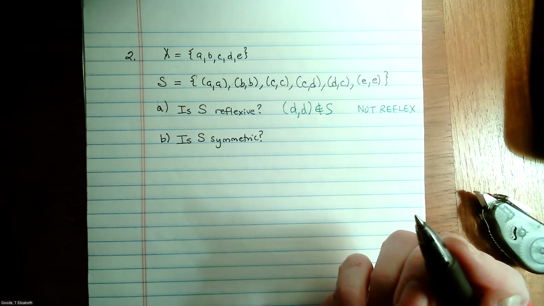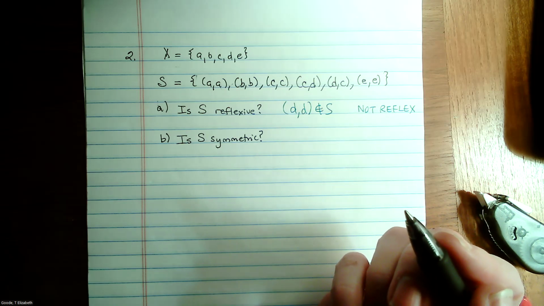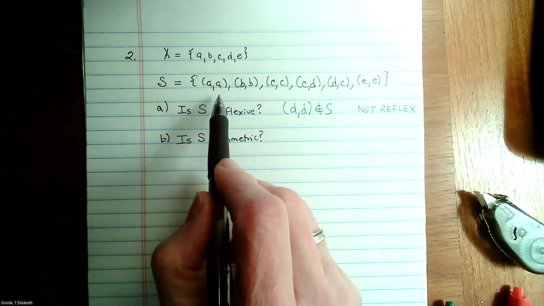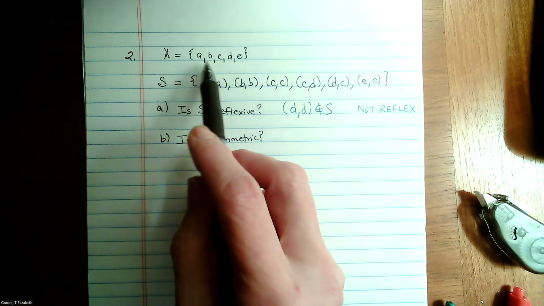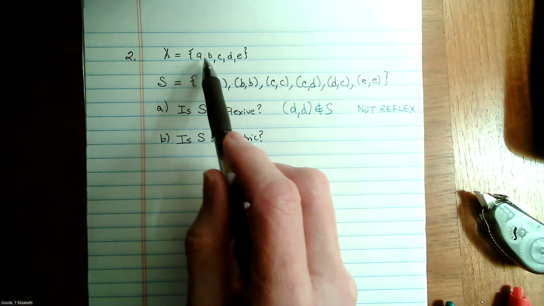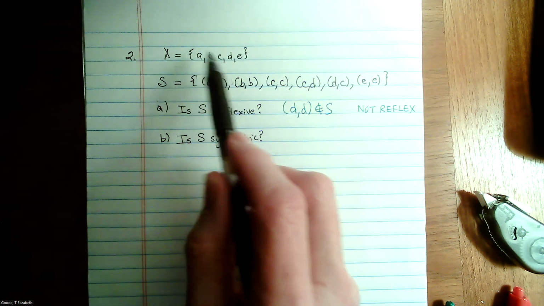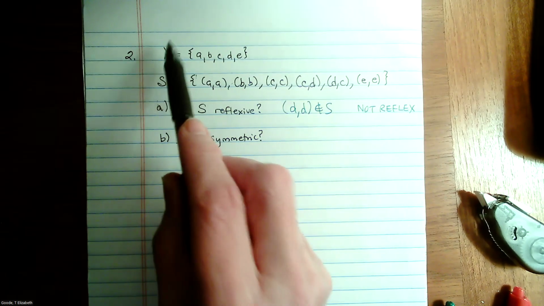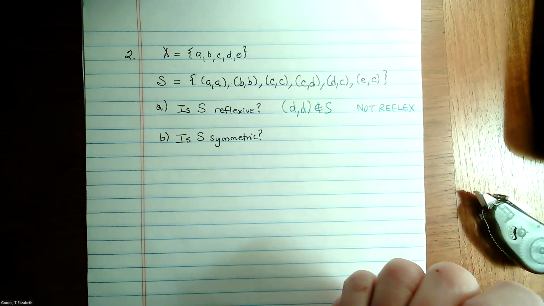We only have like ED and DC, we don't have AB. We don't have to have AB, so it's fine. It's an if-then. If we had AB, then we would need BA. We don't have to have AB and BA and AC and CA and AD and DA. If we had to have that, we'd have to have all of X cross X.